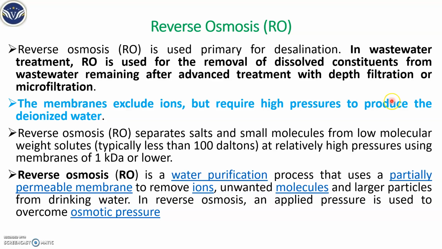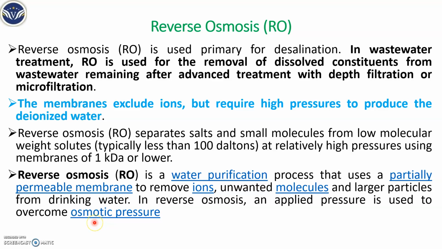Water is passed at high pressure, and a deionization process takes place. It can remove salts and smaller molecules of lower molecular weight, less than 100. Here it is a semi-permeable membrane, and water is passed at a certain pressure, that is osmotic pressure.